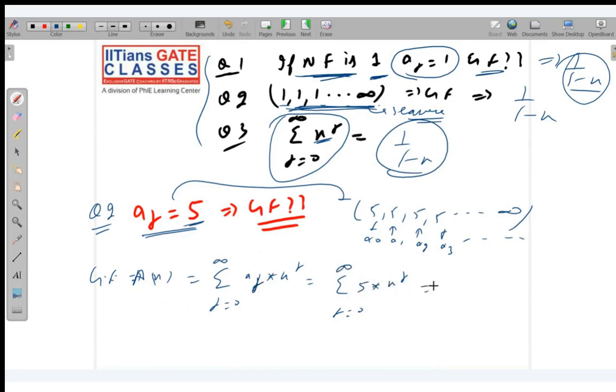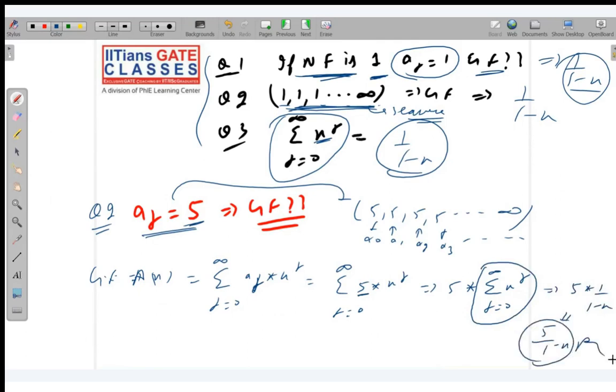Now 5 is a constant quantity, so you can take 5 outside. So 5 multiplied by sigma r equal to 0 to infinity x power r. And I have told you just now the value, 1 upon 1 minus x. So finally we will get 5 into 1 upon 1 minus x, and that is nothing but 5 upon 1 minus x. So simple.